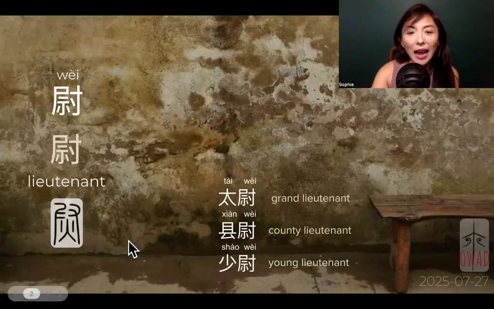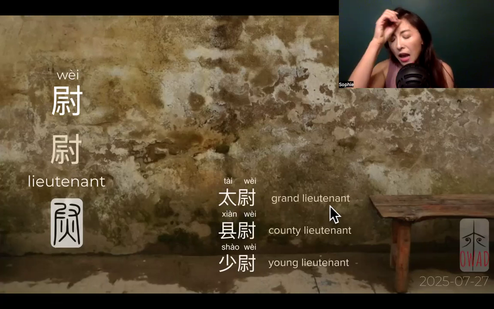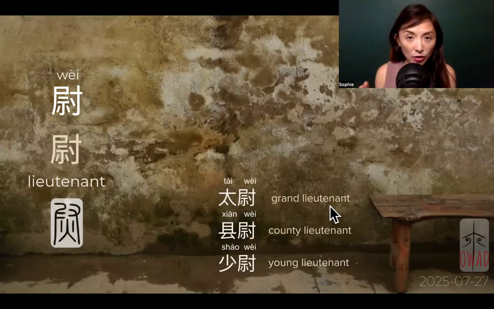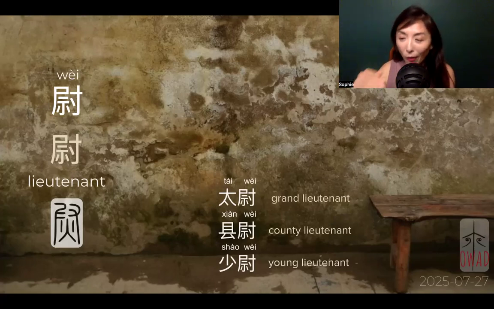Okay, expressions: 太尉、县尉、少尉. So 太尉, Grand Lieutenant, is, I guess, within the military officer ranks, the top of the pecking order of the whole military ranking system. So in today's age it would be the general of the army, something like that.